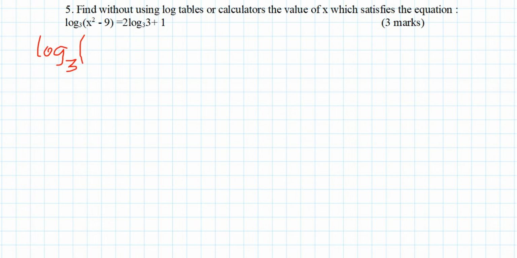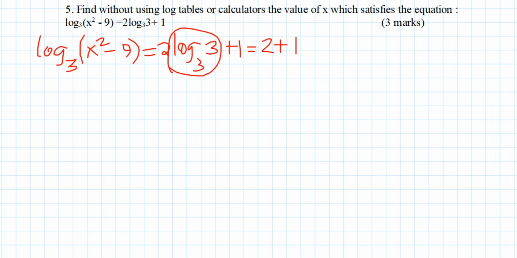So in this scenario, we specifically look at the right-hand side where we have 2 log to base 3 of 3. We know that log to base 3 of 3 is equivalent to 1. And so consequently, 1 times 2, we get 2. So the whole of the right-hand side is going to be equivalent to 3.